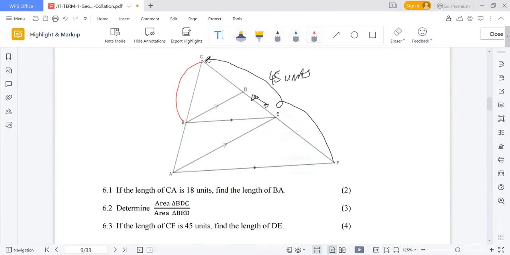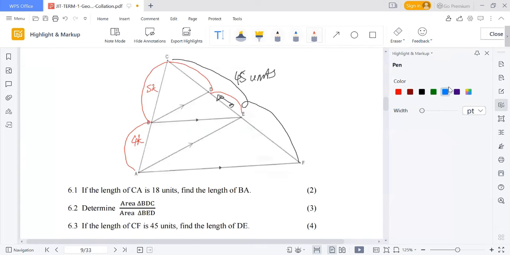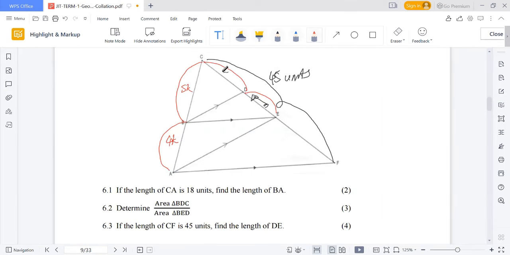CB is in proportion to CD, and then BA proportion to DE. So because here we had 5K and then this was 4K, we deduced that the values for this one here should be 5P and 4P, right?